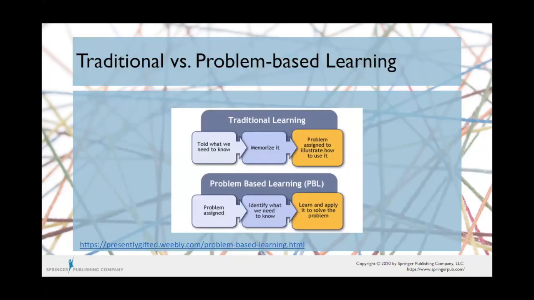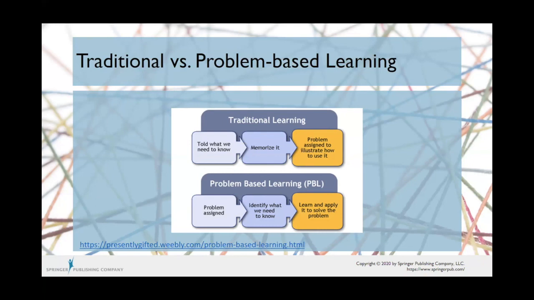To frame what I'm talking about today, I want to compare and contrast two different styles of learning. The first is traditional, as contrasted with problem-based learning. Traditional learning is how I had classes throughout my entire graduate school.